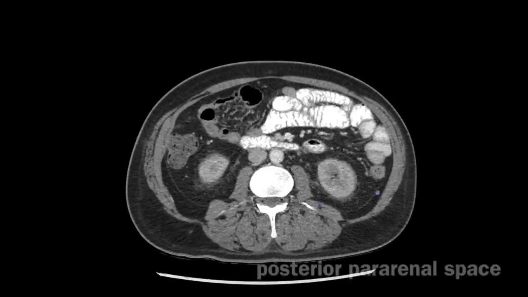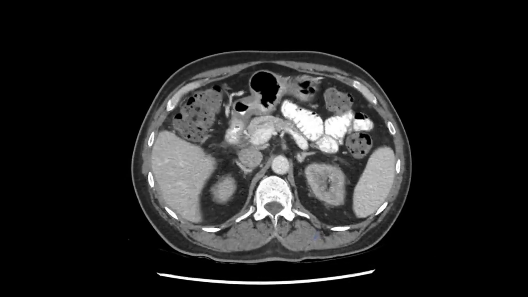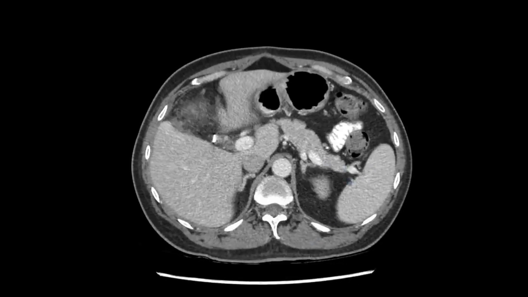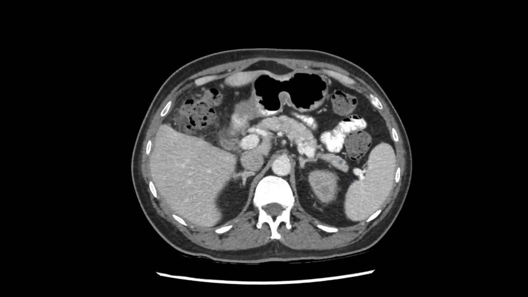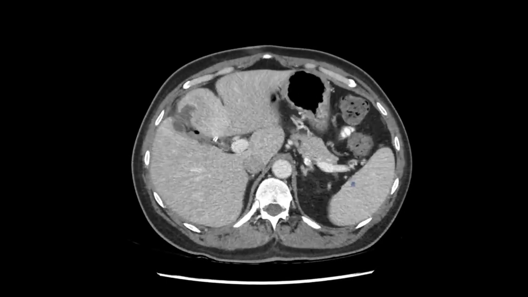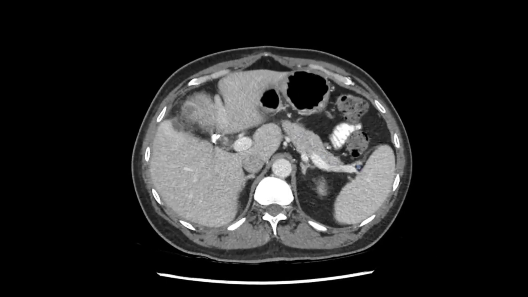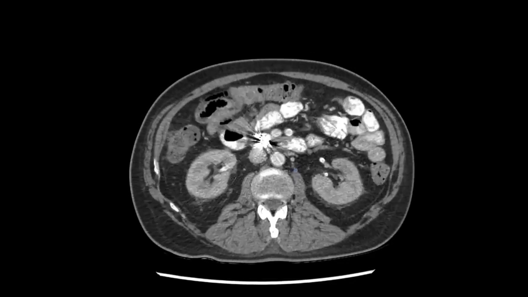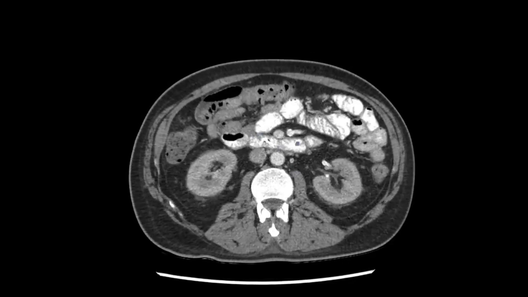We have the posterior pararenal space back here, mainly containing fat in a normal patient. And then we have the anterior pararenal space, which is anterior to Gerota's fascia, containing the pancreas, which is here. So we have the pancreas here. It also contains the duodenum, so this is the second portion of the duodenum here, and the third portion of the duodenum across the midline, the ascending colon over here, and the descending colon over here.